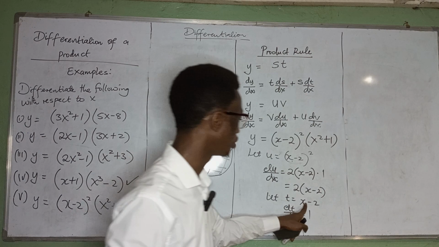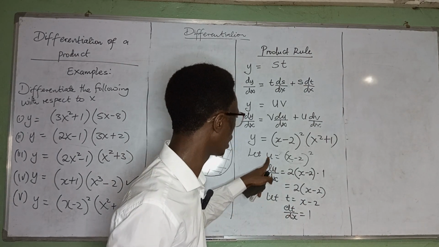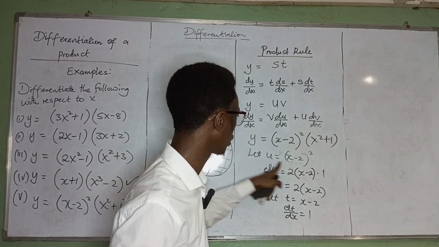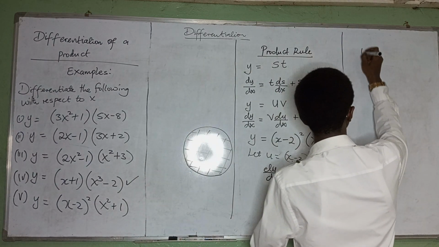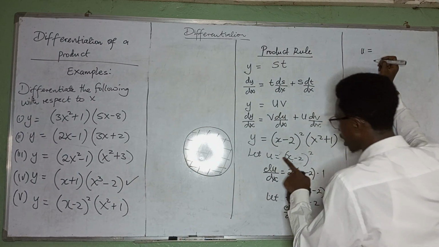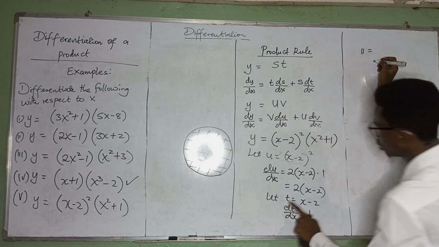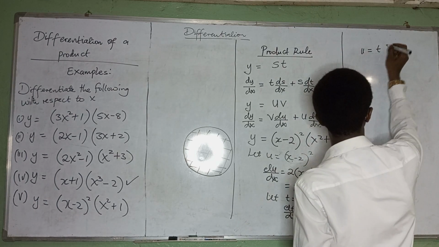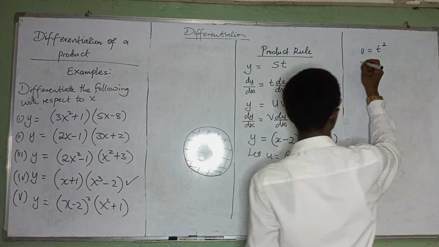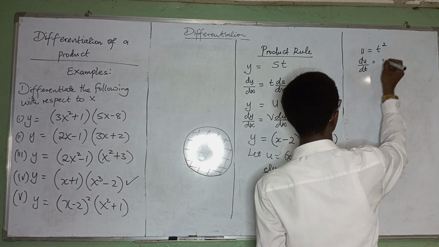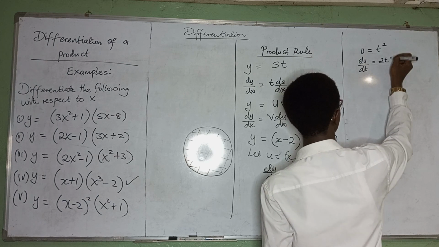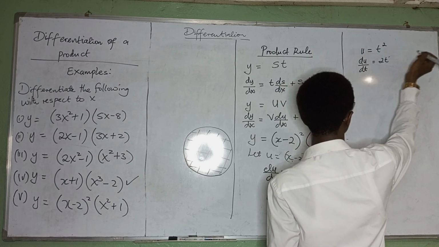We've let t be this one, but the initial one was u equals the whole of this. So u now becomes t squared. So now we differentiate again: du by dt becomes 2t raised to the power 2 minus 1, that's 1.